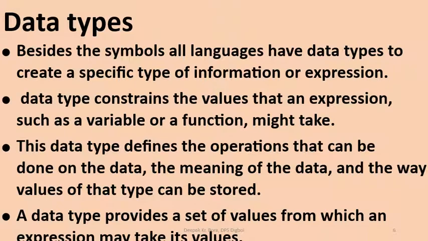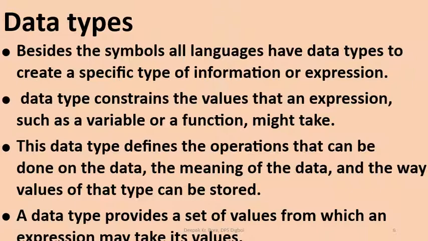Besides the symbols, all languages have data types to create a specific type of information or expression. A data type constrains the values that an expression, such as a variable or a function, might take. This data type defines the operations that can be done on the data, the meaning of the data, and the way values of that type can be stored.